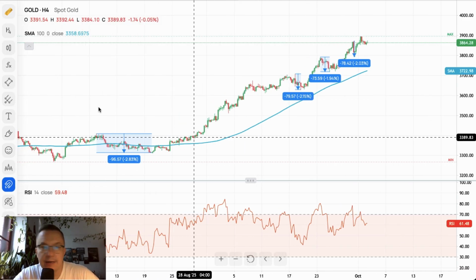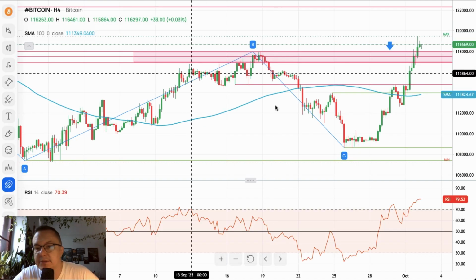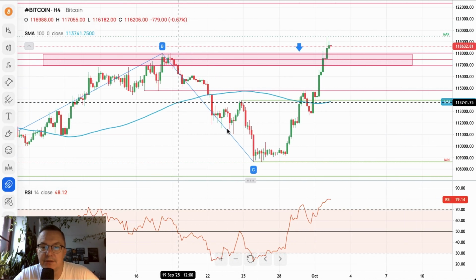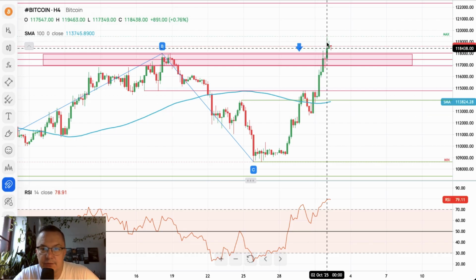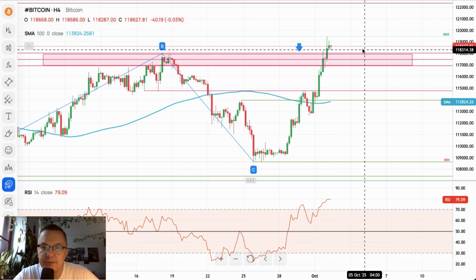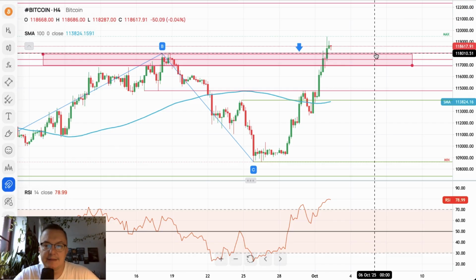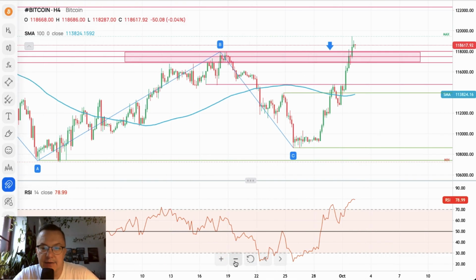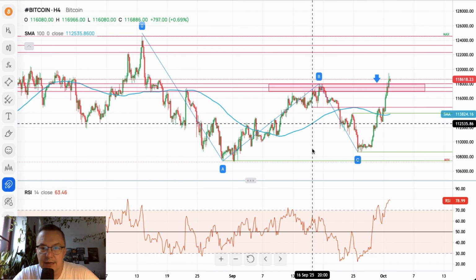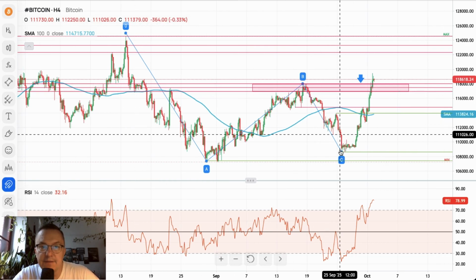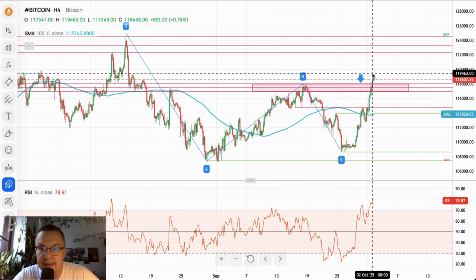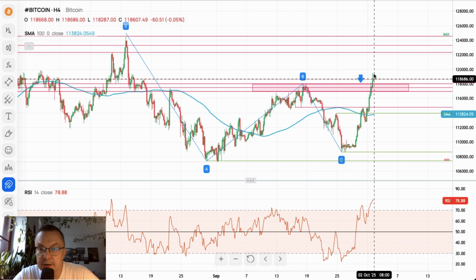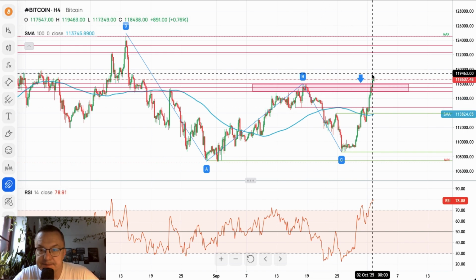So, a rallying market. How about Bitcoin, the digital gold? What is going on here? We have a very nice movement to the upside with a new local high and a breakout above the supply zone and the highs of wave B. So after quite some time, right now we got the ABC running flat correction completed, and now we got an impulsive bullish movement to the upside, breaking above the supply zone, local high almost 120,000.